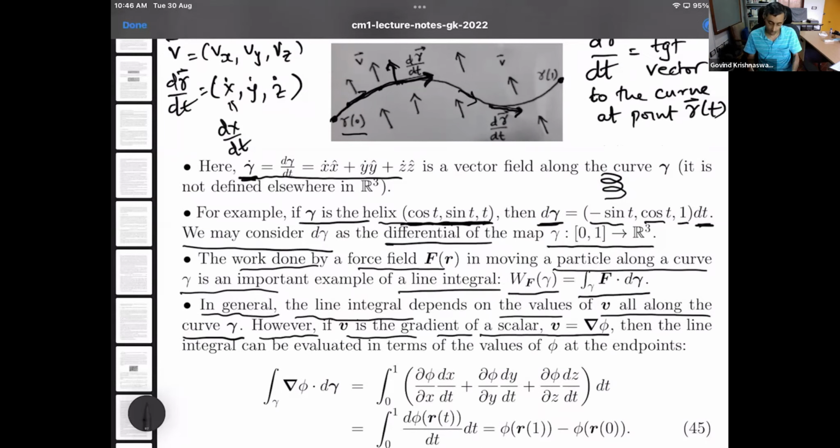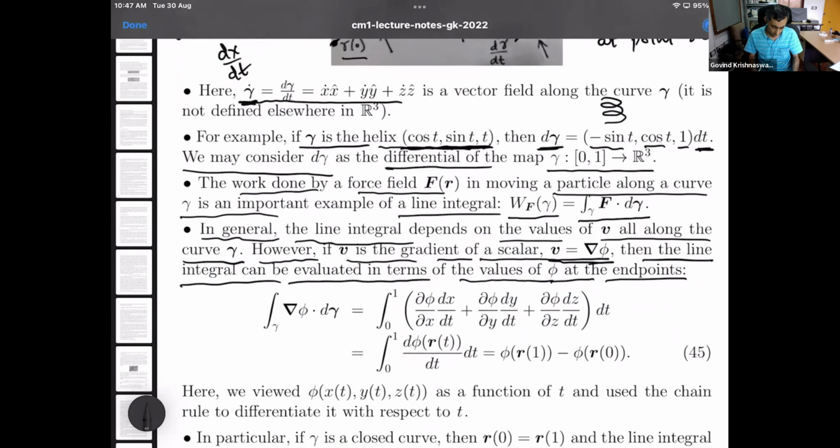We will talk more about that in the upcoming discussion. Then the line integral can be evaluated in terms of the values of the potential function phi at the endpoints. In that case, the line integral does not depend on the whole curve. It only depends on the values of the potential function at the two endpoints.